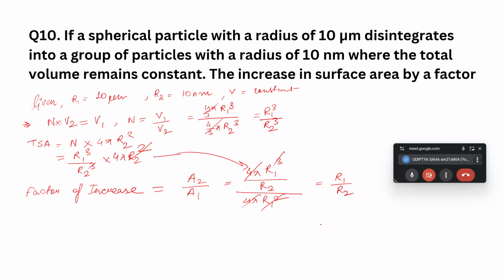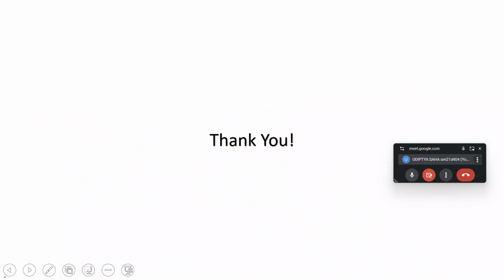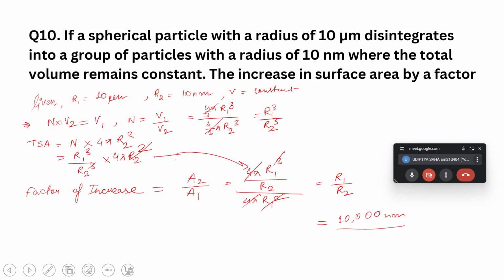So we substitute our values. 1 micron is essentially 10,000 nanometer, divided by 10 nanometer, which comes to 1000.